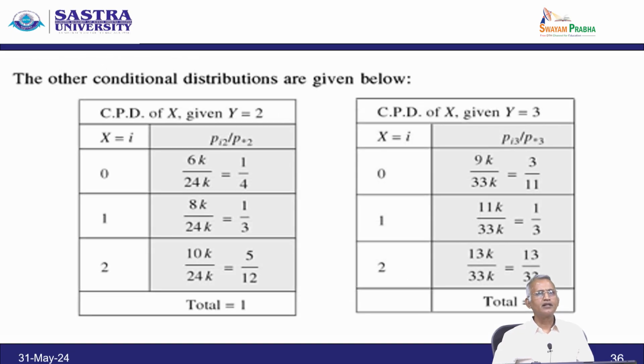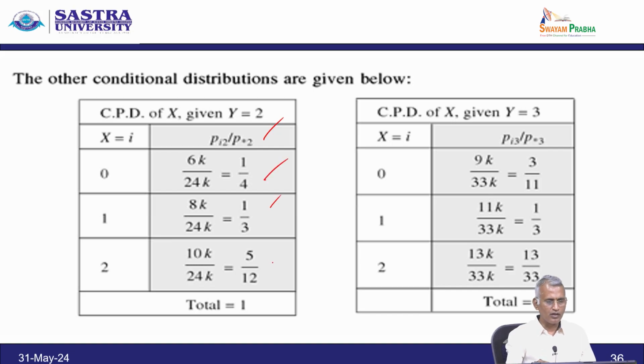For the conditional distribution, if you take y equal to 2 and x equal to i, then the rule is pi2 by p2. So, when i is 0, p02 you take, already known, and p2 is 24k, therefore substitute and you can get it.